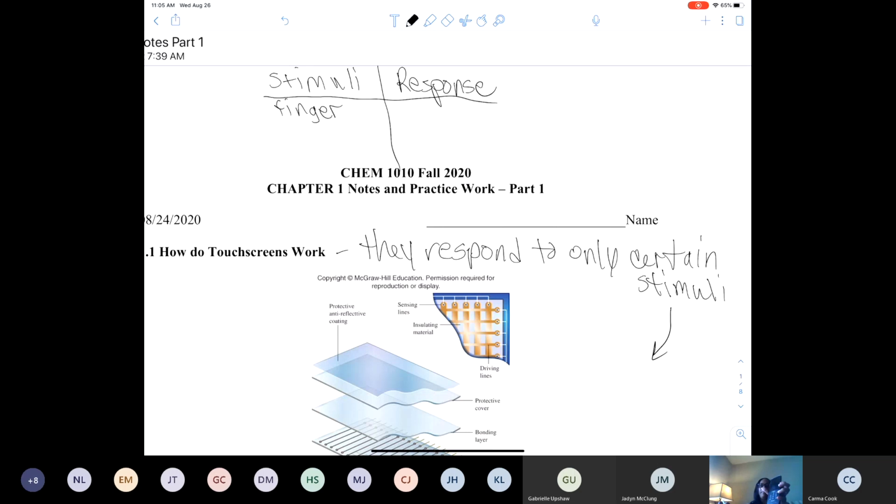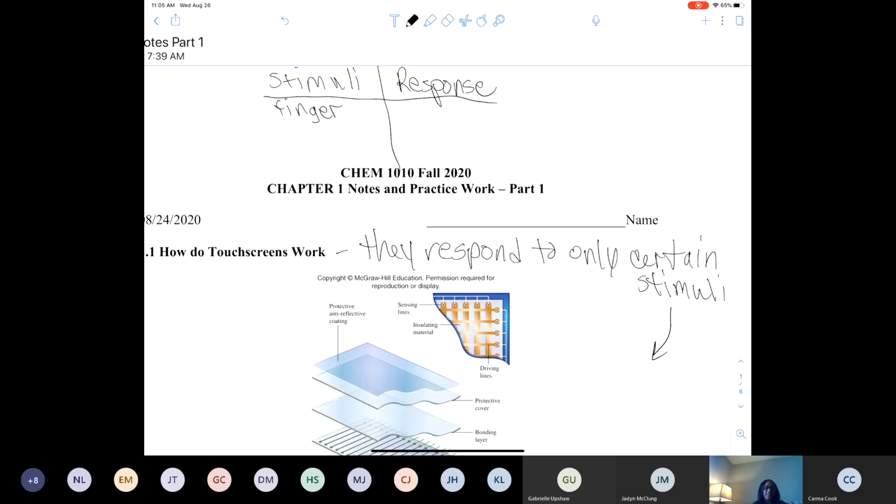When I use my finger as the stimulus on my touch screen, I get a response. So therefore, in my table, my finger is definitely a type of stimulus that my touch screen responds to.